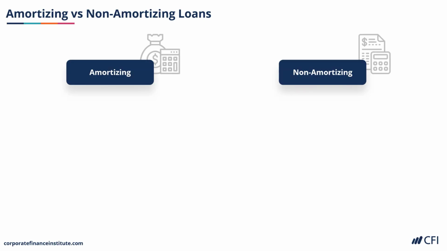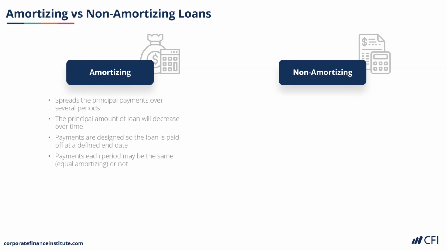Let's compare amortizing and non-amortizing loans. With amortizing loans, the principal payments are spread out over the life of the loan. The principal balance decreases over time as principal repayments are made, and is designed to be fully repaid by the maturity date.